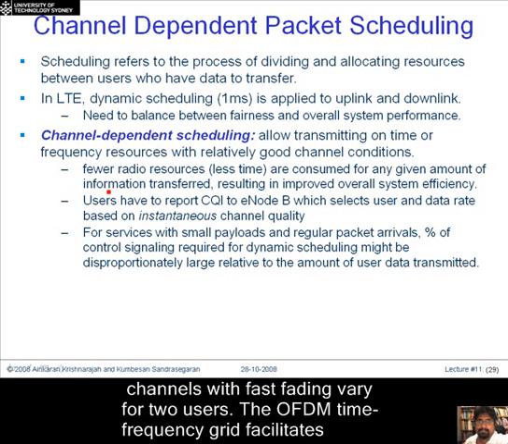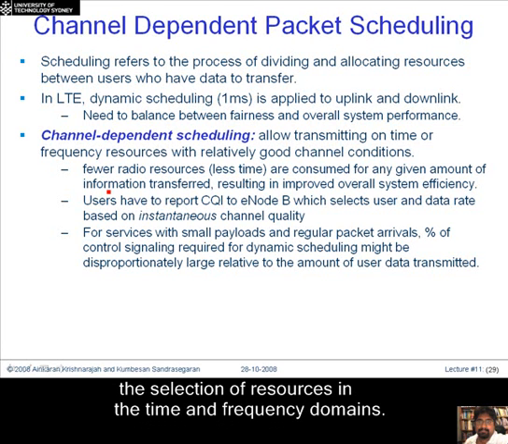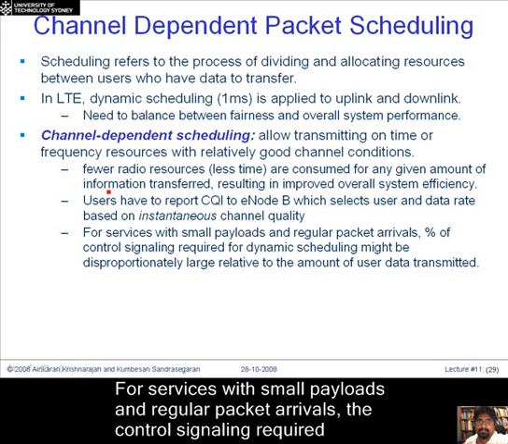So this process of reporting channel quality back to the node B or the base station can be quite an expensive process. Because remember, if you've got many mobiles, they're all reporting these measurements. So there are different mechanisms that they've come up with to try and improve that reporting mechanism.